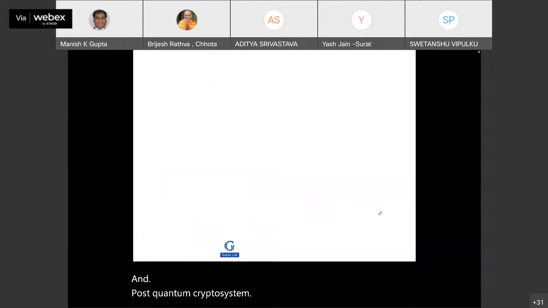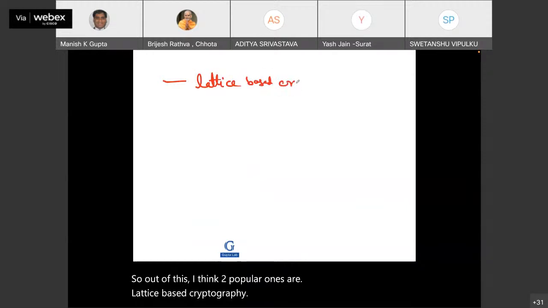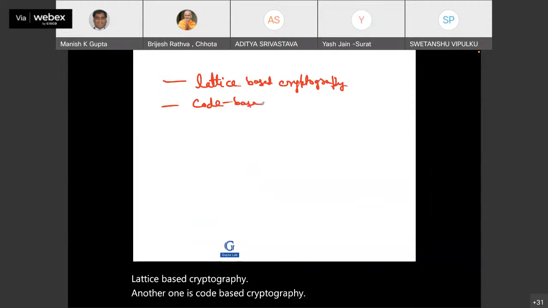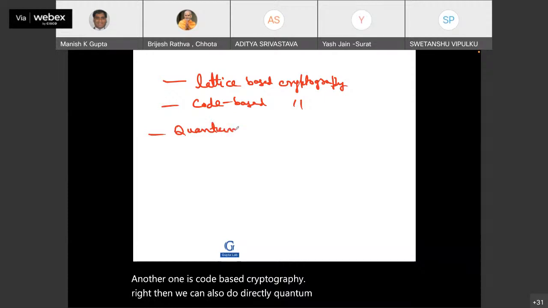Out of this, I think two popular ones are lattice based cryptography, and another one is code based cryptography, right? Then we can also do directly quantum cryptography based on quantum computers.